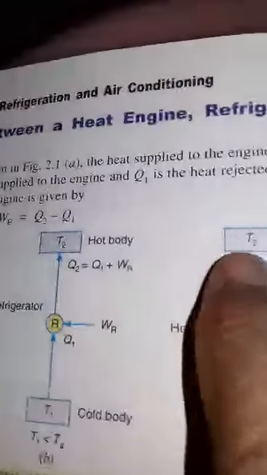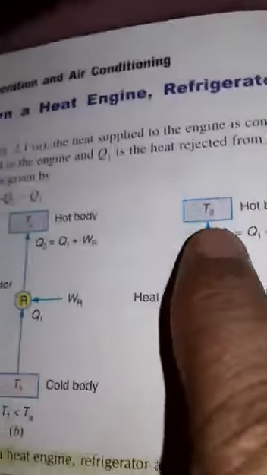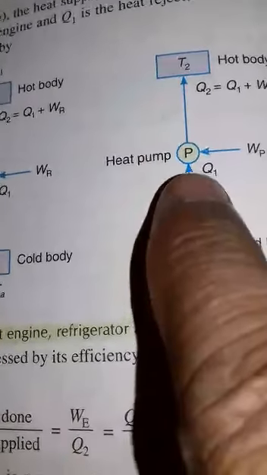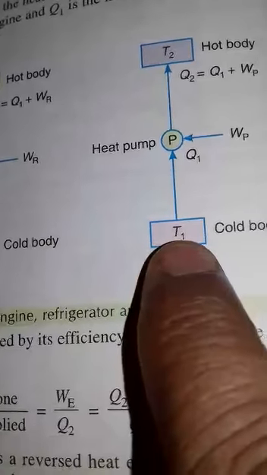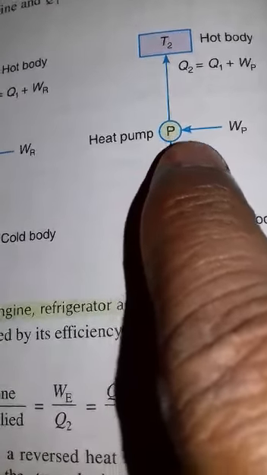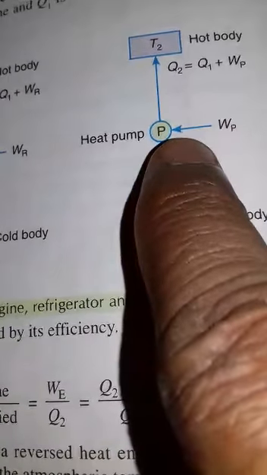Now the third equipment, that is your heat pump. Similar to refrigeration, heat pump works in the same way. Here low temperature T1, high temperature T2, and P is the heat pump. Again work is being supplied to the heat pump.